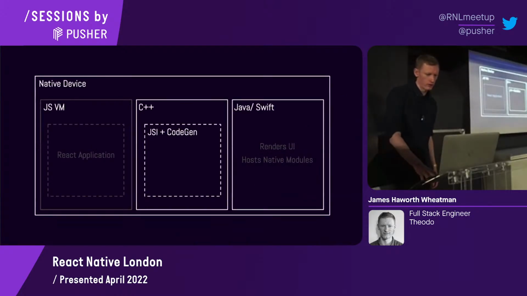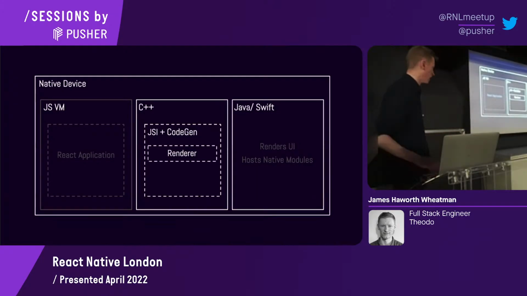So we've now got the JSI and CodeGen acting as a sort of interface to the world of C++. But Facebook are also moving the renderer to this world of C++. We mentioned it before, so if anyone was wondering what Fabric is, spoiler alert.